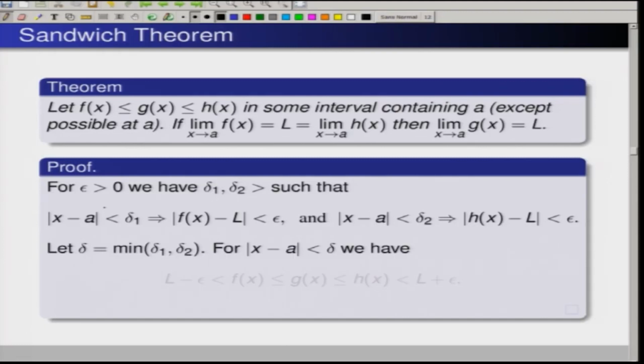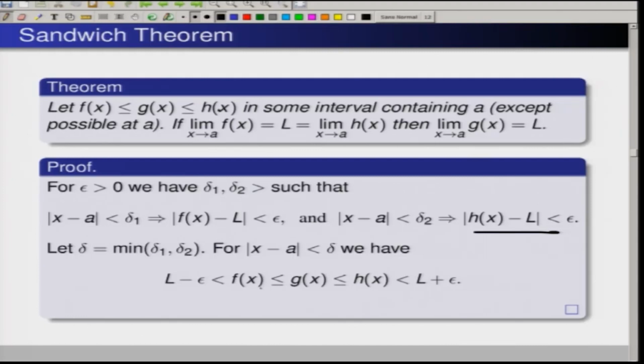So, in that case, what you are getting is that L - epsilon is less than f(x) from here, which is less than or equal to g(x) as given, which is less than or equal to h(x) as given, and which is less than L + epsilon by this.